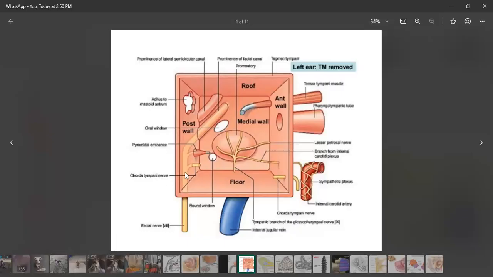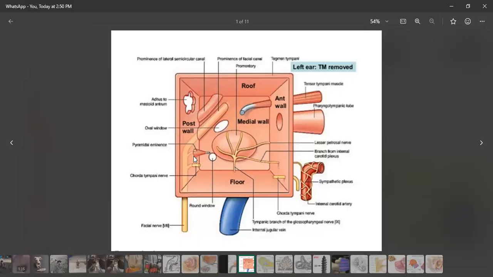So again, like the internal carotid artery and the jugular vein, the facial nerve is also a close relation of the middle ear. Here we have the chorda tympani being given off. This chorda tympani is what crosses the middle ear and pierces the anterior wall.